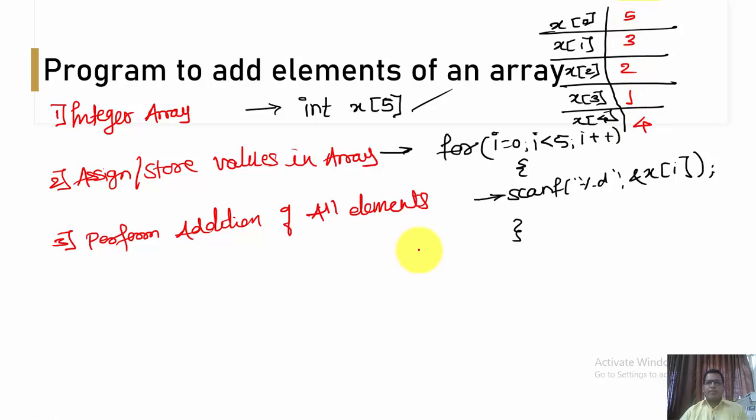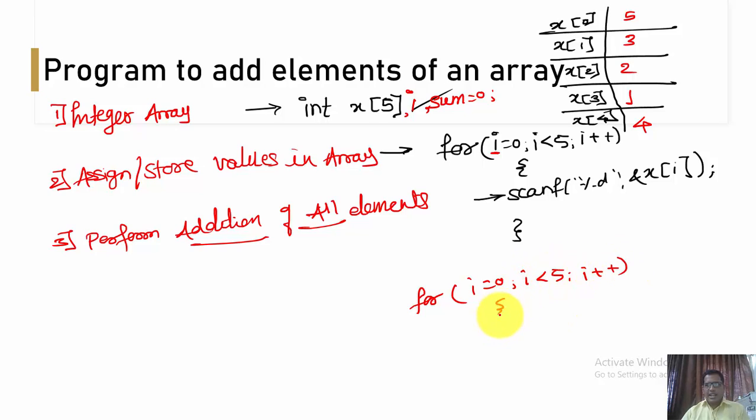Suppose I am going to add the values here. So once I finish it, I am going to declare one more variable. Here one variable is required to keep track of the index and one variable to hold the sum. So sum = 0. And to perform the addition of all elements we will do, say for i = 0 again, i < 5 and now i++.